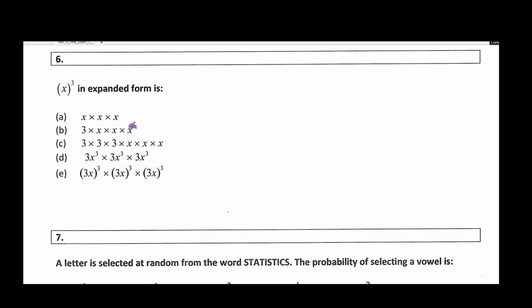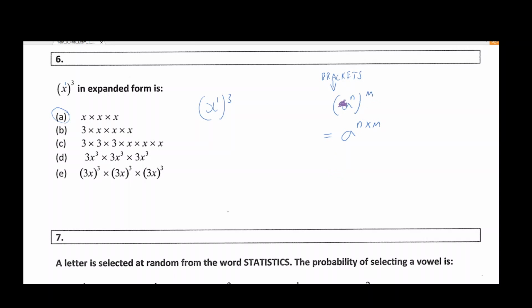Number 6, x to the power of 3 in expanded form is? That's pretty easy. Because x to the power of 1 has a 1 there, we generally don't draw it. We use this rule: a to the power of n, and note the brackets here, to the power of m is a to the n times m.